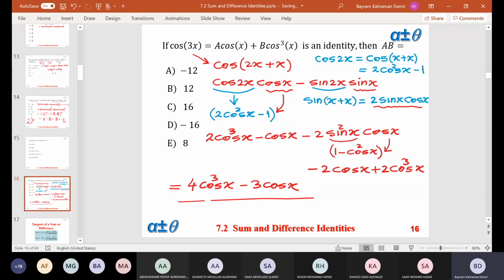So now you can see what number A and number B are. Number A is negative 3 and number B is 4. So A times B is negative 12.